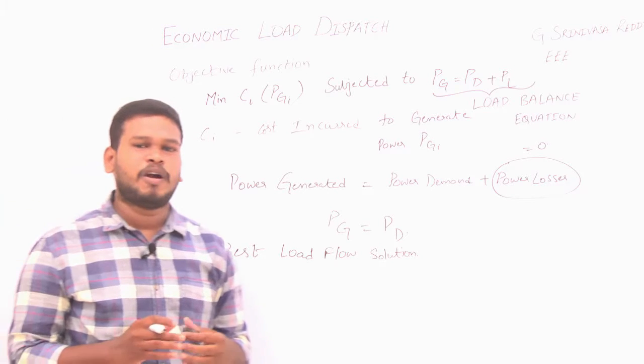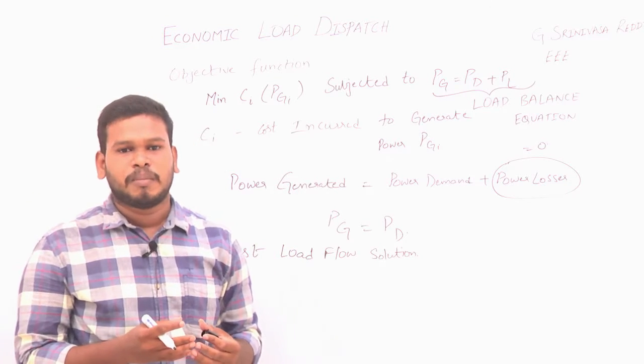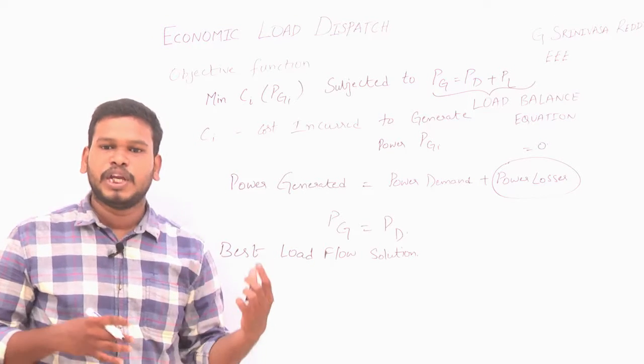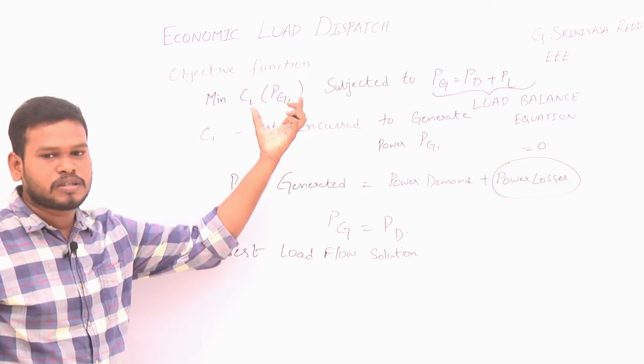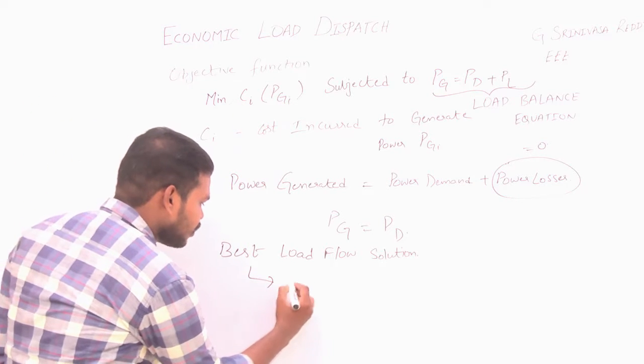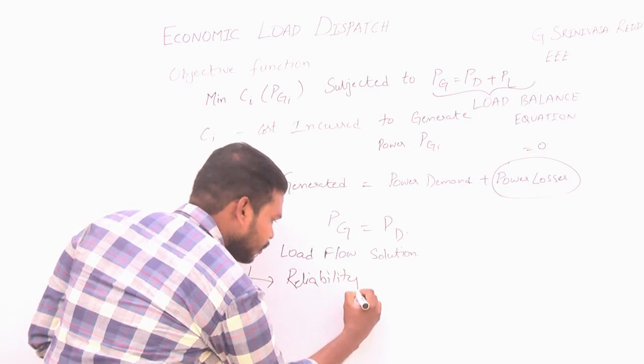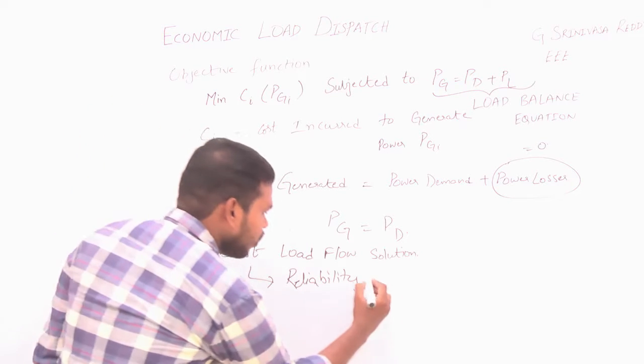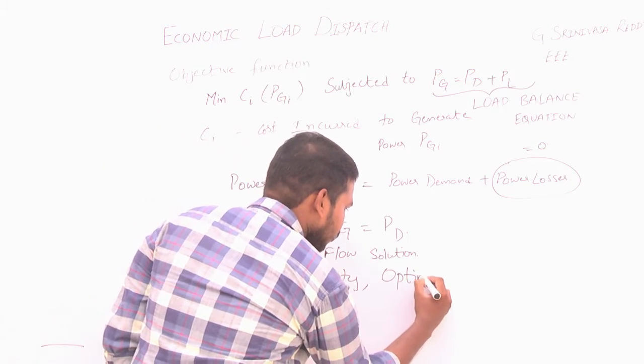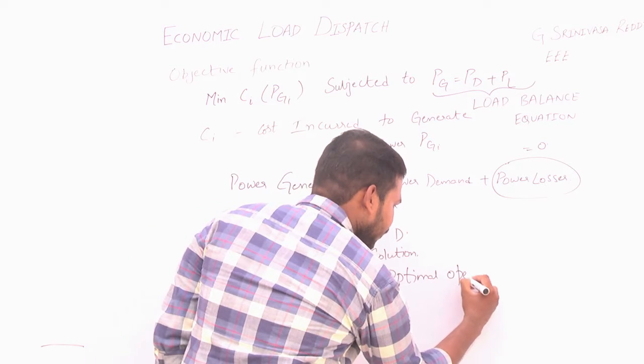The public always needs the cost, but as power system engineers, in addition to the cost we need to check whether the best load flow solution is subjected to reliability or optimal operation of generation.